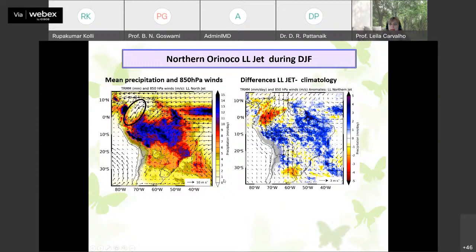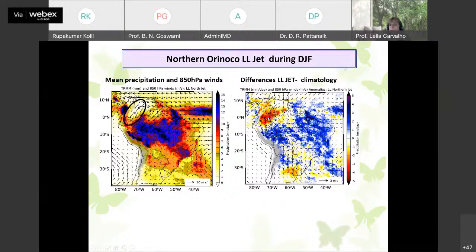When you contrast these observations with the climatology, again, we see more precipitation actually over the monsoon region, and suppressed precipitation where we see the jets strong. And the reason for that is that you have stronger jets, you have a divergence of the winds, divergence of moisture fluxes.